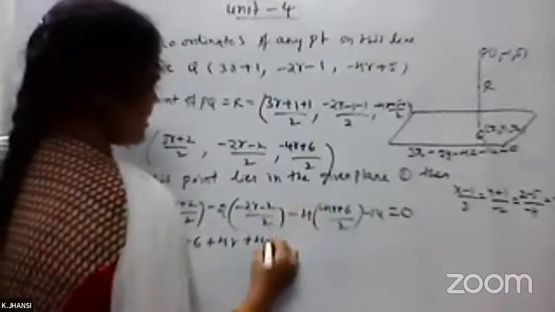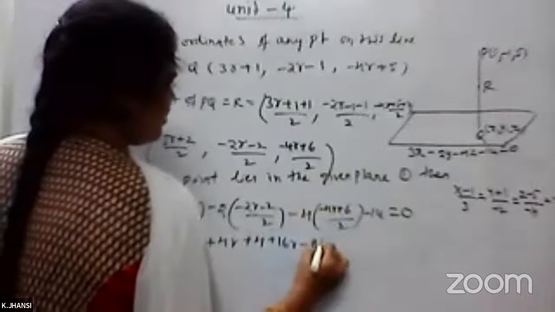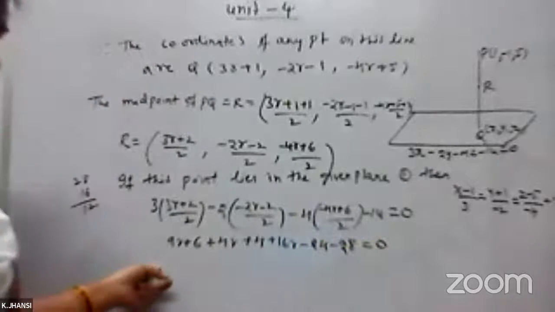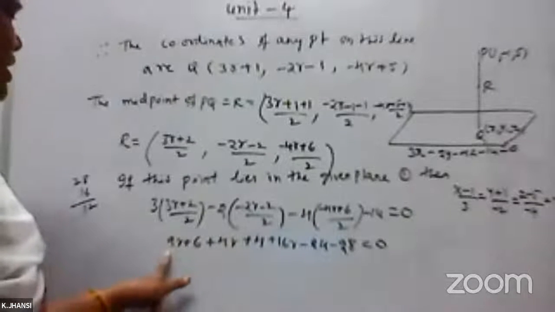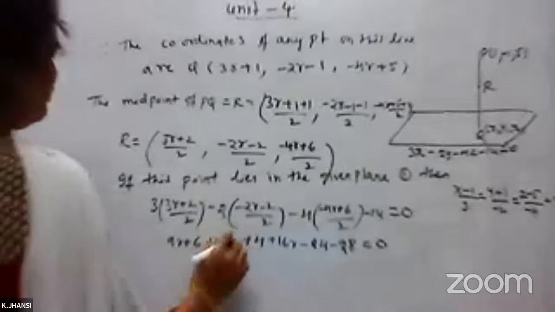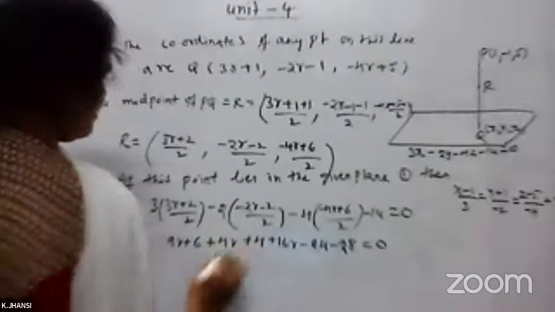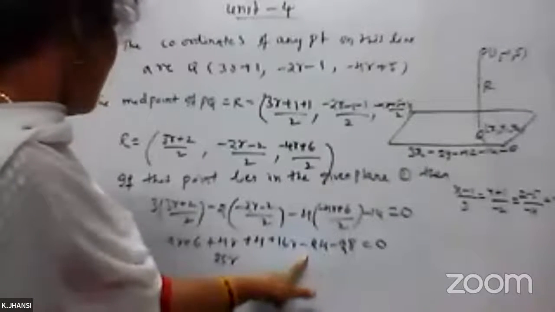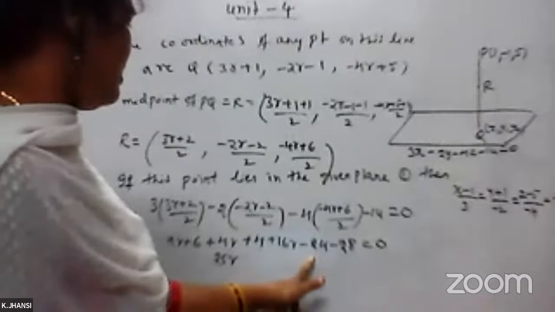So minus into minus is plus 16R minus 24 minus 28 equals 0. Okay, now you see 16R plus 9R, so it will be 25R. And here what we have, 24 minus 24, 6 4 10.